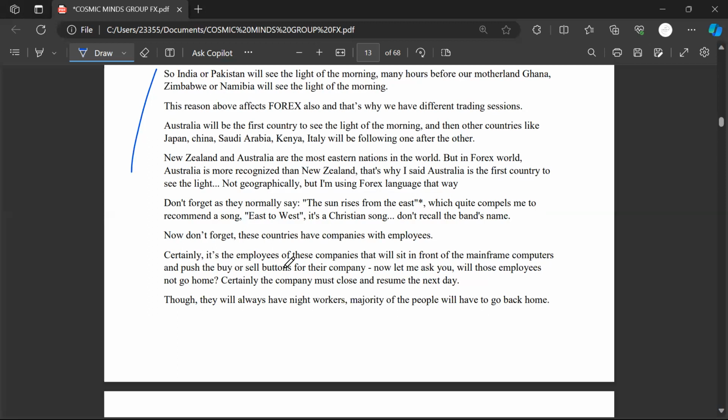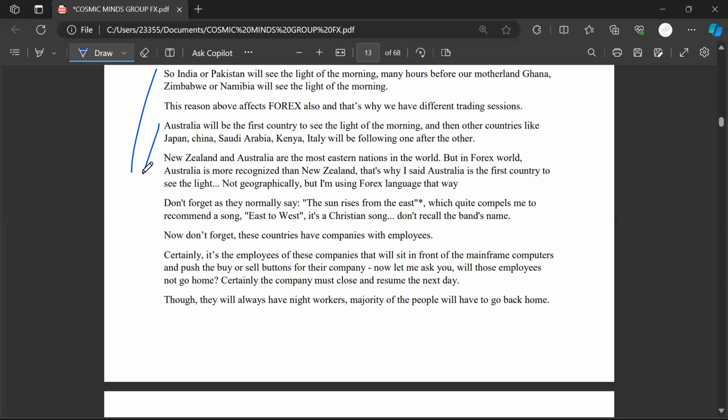Now, let's take it from Australia. Australia will be the first country to see the light of the morning, and then other countries like Japan, China, Saudi Arabia, Kenya, Italy will follow one after the other. New Zealand and Australia are the most eastern nations in the world, but in the forex world, Australia is more recognized than New Zealand.